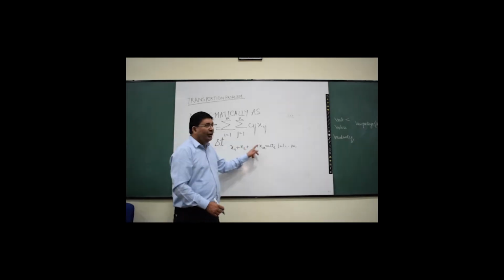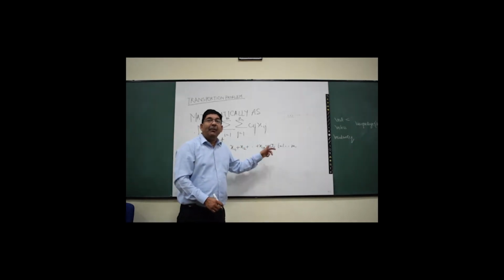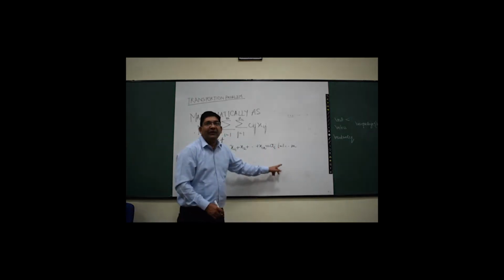If we add all of these, we get ai, the amount available at the ith source, and the total number of constraints is m in this case.